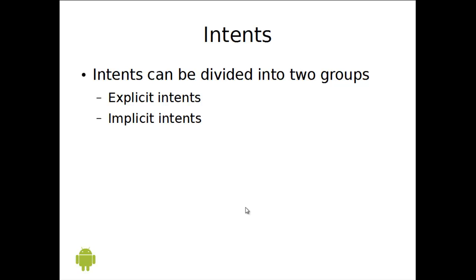Intents can be divided into two groups: explicit intents, which are typically used for application internal messages like starting a subordinate activity or launching a sister activity. Implicit intents are often used to activate components in other applications.